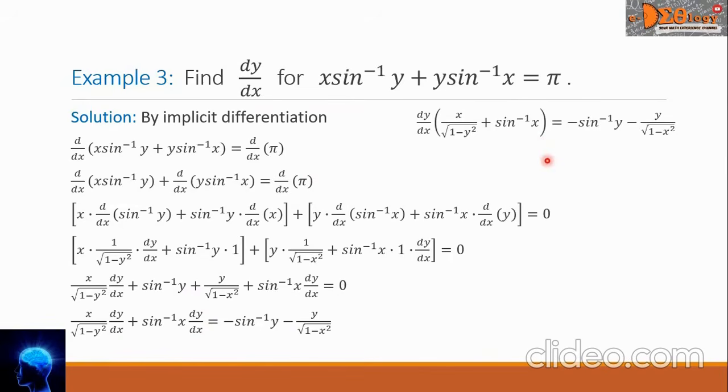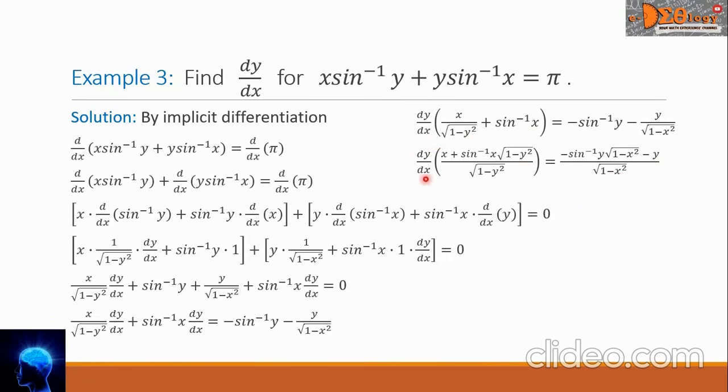For our next step, we're going to combine these two terms into one single fraction. We will do the same on the right side. So it will be like this now. The next is, we will isolate dy over dx by dividing this equation by this fraction.